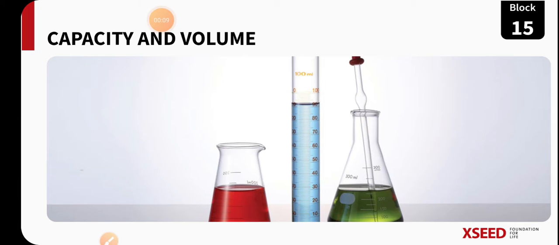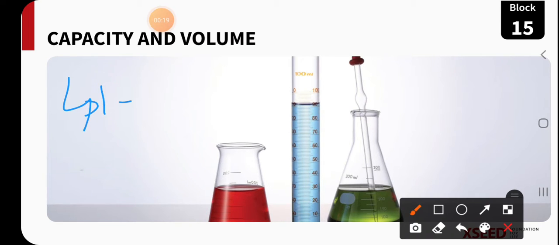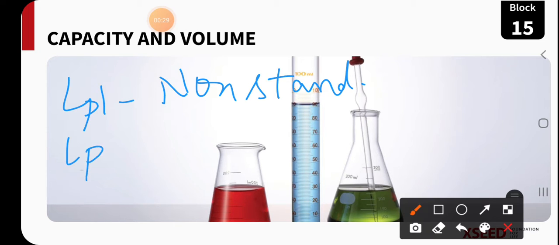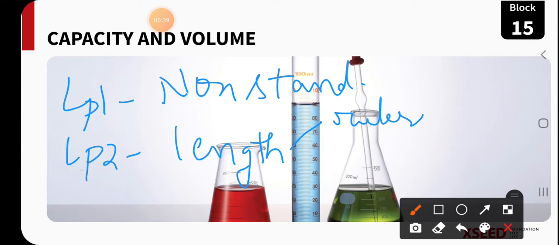So in this particular block, so far we completed different things. First we learnt the need of measurement in LP1. We learnt need of measurement and non-standard measuring units like your hand span, foot, cubit, all those things. In LP2 we learnt about how to measure the length of the objects, the measuring devices, that is ruler, measuring tape, and the units are your meters and kilometers, the standard units.